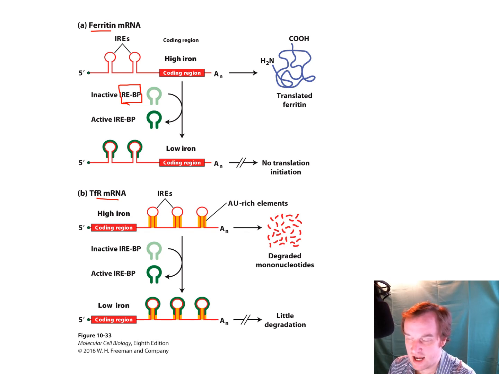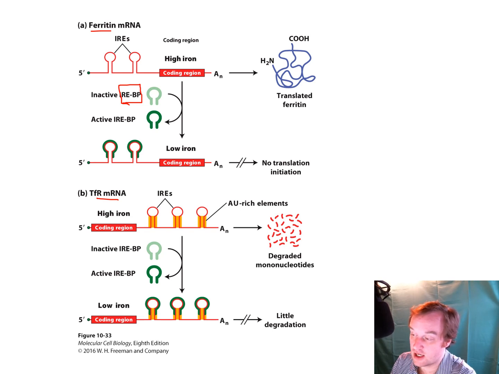Because iron concentrations are important since iron's a cofactor for a lot of enzymes, so it's required for a lot of enzymes to function. And if we have too much iron, this can generate free radicals that damage the cell or macromolecules within the cell.